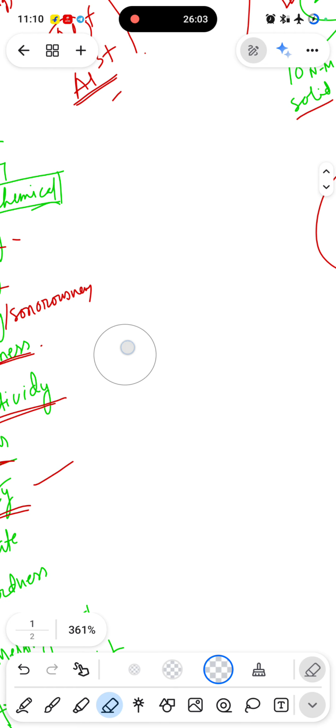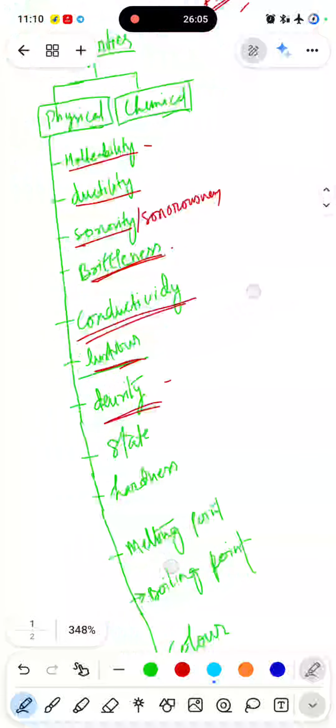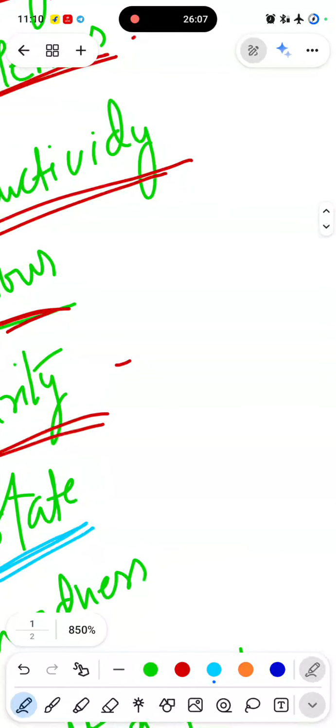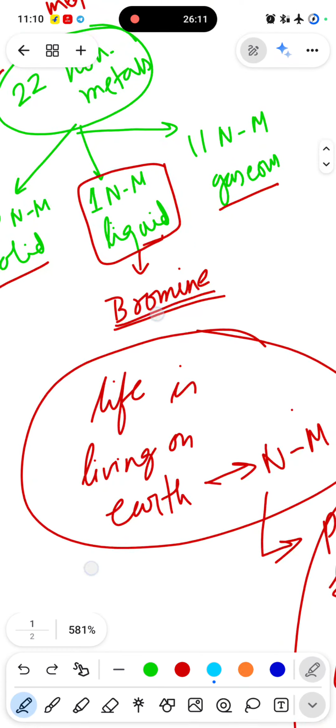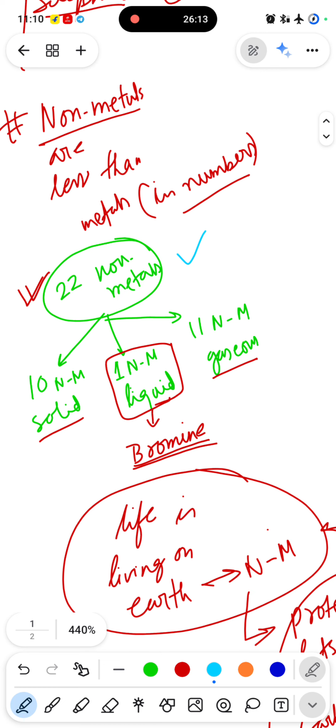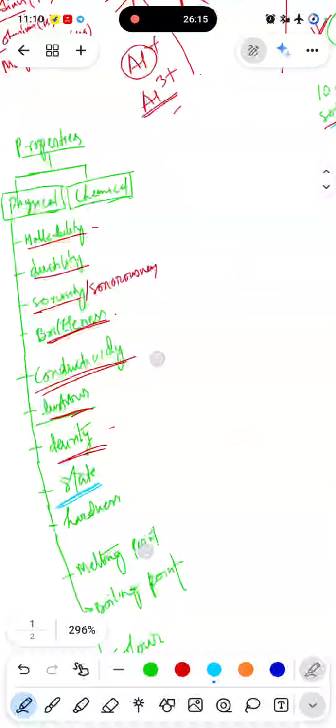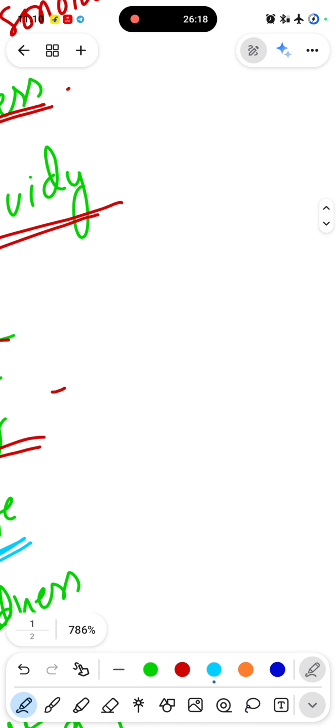Now we have to move to state. I had already discussed that non-metals can be solid, liquid or gaseous. But if I talk about metals, metals are solid at room temperature except mercury.